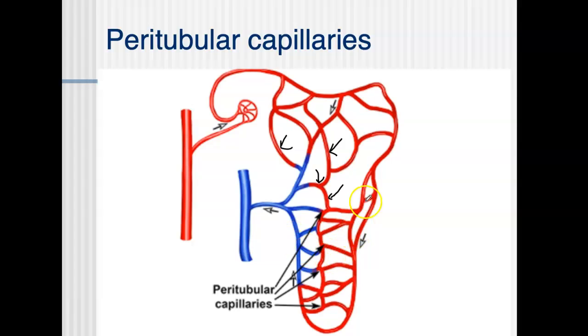Okay, so imagine all these capillaries here receiving more of that blood that will then become venous, and then we'll go back into the venous system. Okay, so all this group here are those around the tubules of the nephron capillaries.